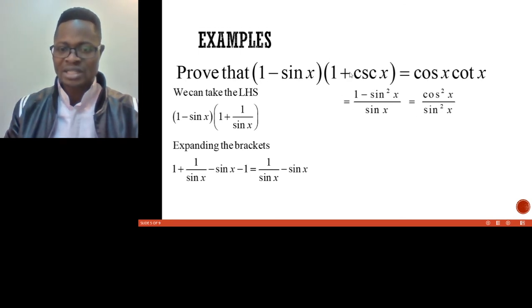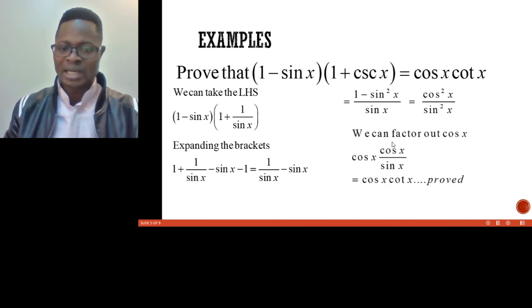This identity can be represented in this format, so that we can now factor out cos x. Since we have cos squared x, we just need to factor out cos. So that is how we got cos x into cos x divided by sine x.